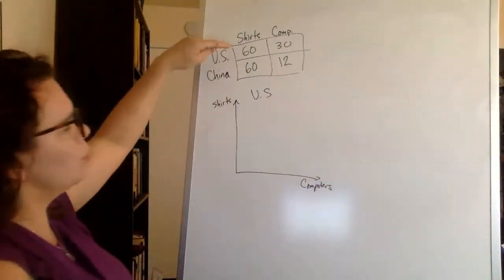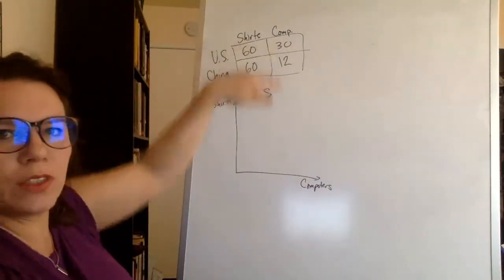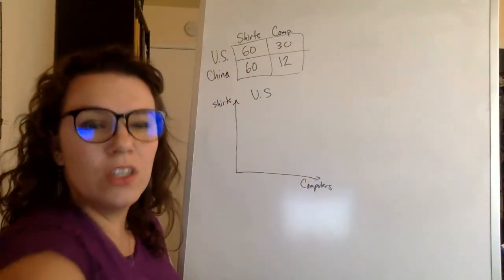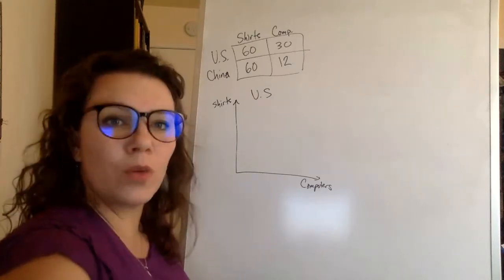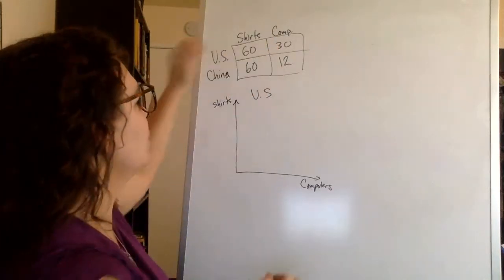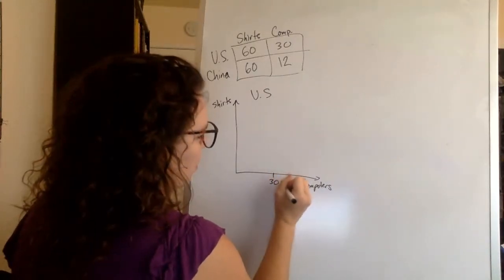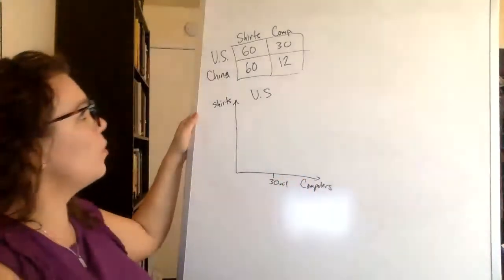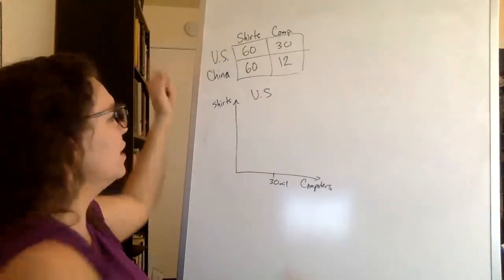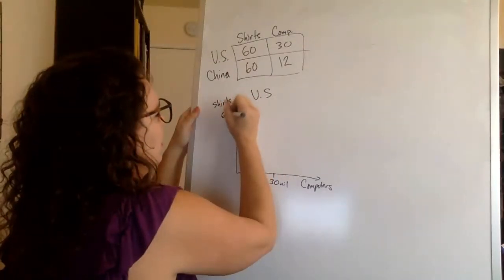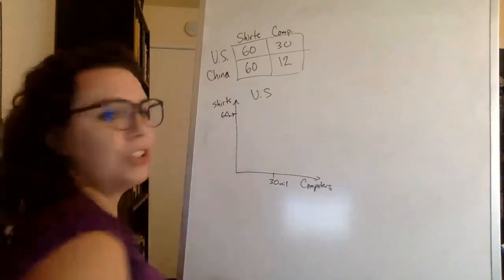And each worker can produce 60 shirts or 30 computers. There are 1 million workers. So if all 1 million workers produced computers, that would be 30 million computers. If all 1 million workers only produced shirts, that would be 60 million shirts.